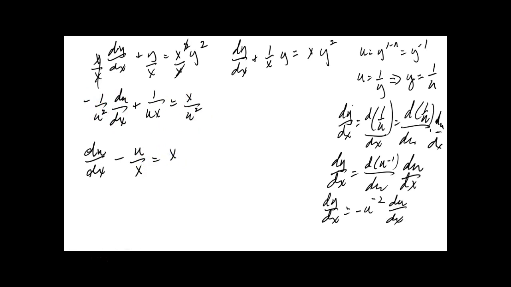Now, what kind of form is that? That's a linear form, absolutely, where your p of x is minus 1 over x, and g of x is just x. So yes, we can do that by our linear form.